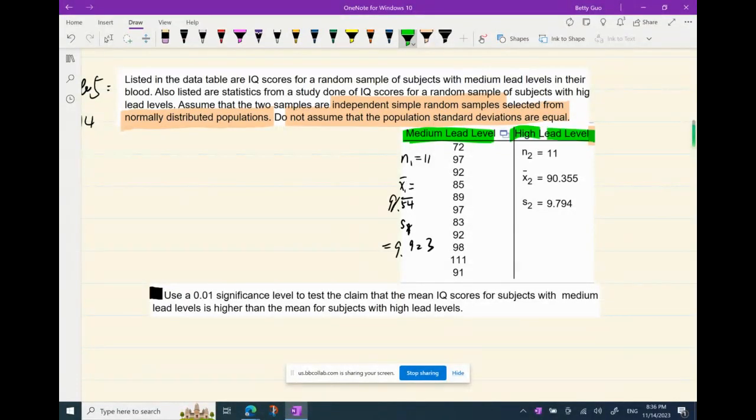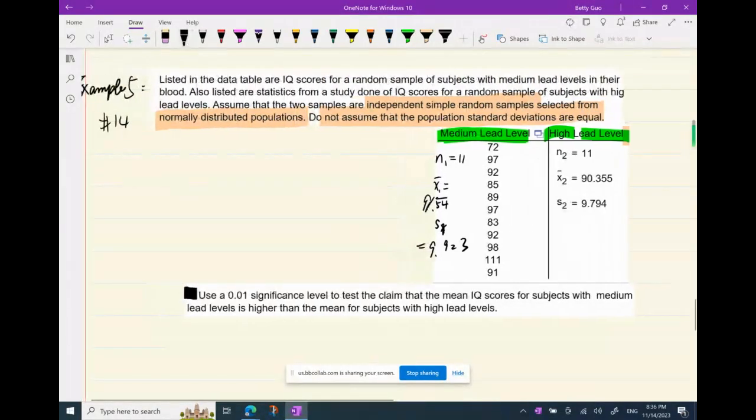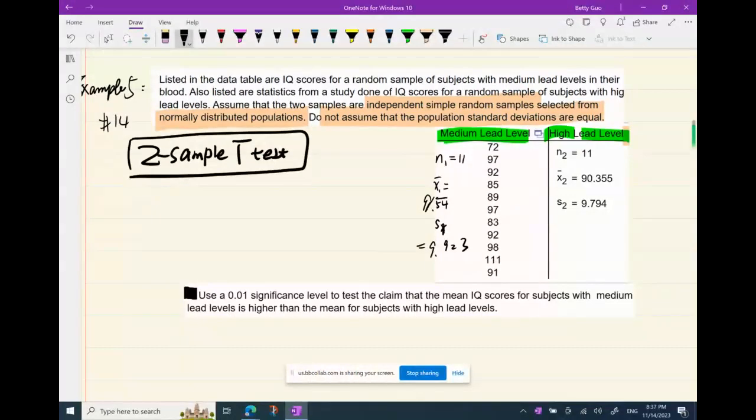So when we need to use, yeah, this is the problem, the reason I put this question here. When we use the 2-sample t-test function, let's go to the calculator.